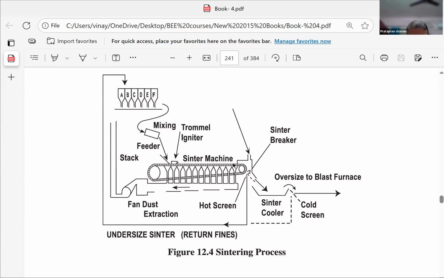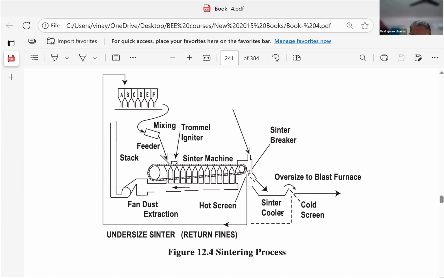This sinter, in different parts of the molten metal, will fall down here into the water. It's a sinter cooler, a water tank. So it immediately quenches, and an extractor belt will take out the cold sinters on this belt and it goes for further processing. Up to this point it is a hot temperature zone.